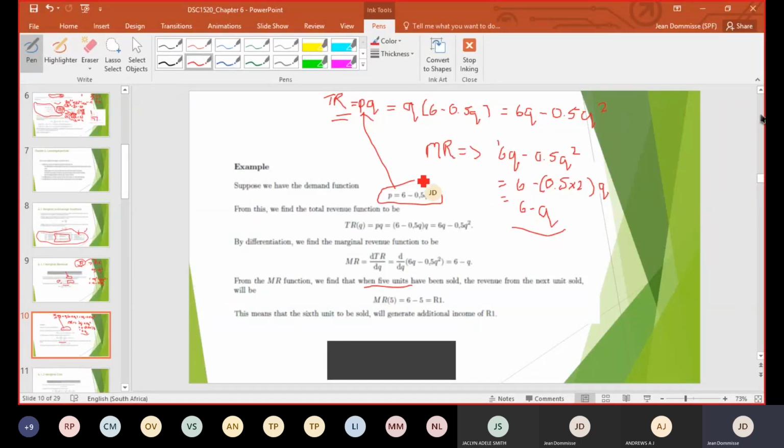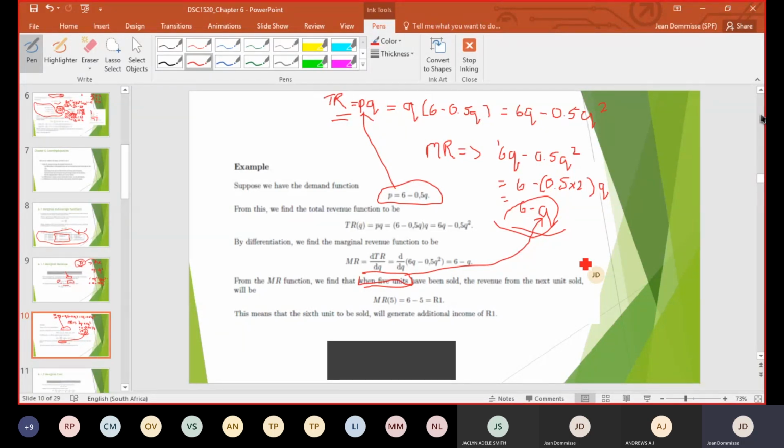They will need to tell you what value you need to put into Q to get to a rand value for the marginal revenue. Otherwise, it stays in that formula. The other important thing is they need to give you some values so that you can actually work out the rest, but normally they do. So they would normally tell you that the Q is equal to, in this instance, 5, and work out the marginal revenue.